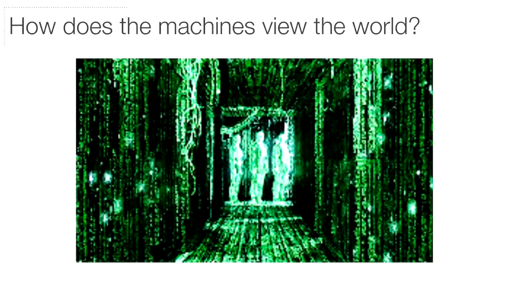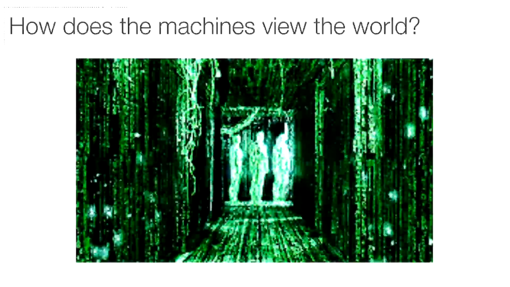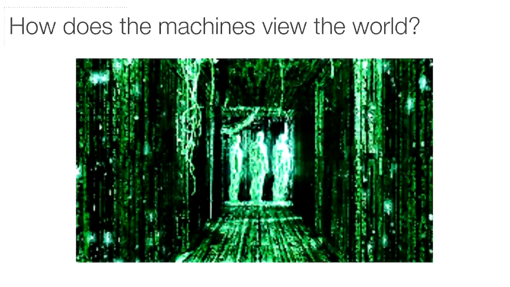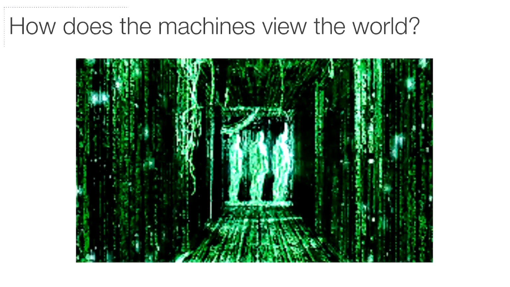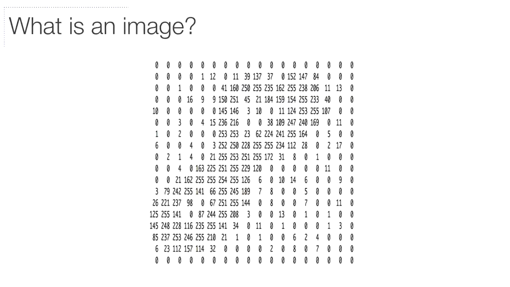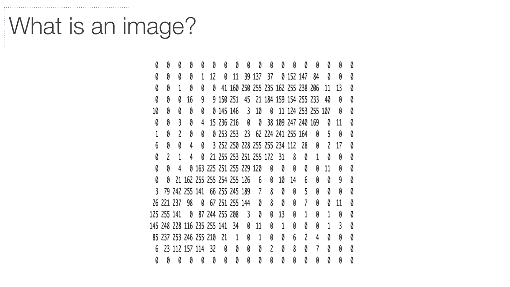Literally, they look at the world somewhat similar. I mean, as in they actually look at zeros and ones and gradients and variations and edges based on filters that you apply. In other words, if you have an image and you convert that image to some kind of a grid format, a 3D image into a 2D, literally what the machines see is the numbers behind it.